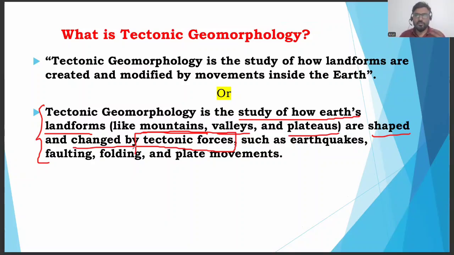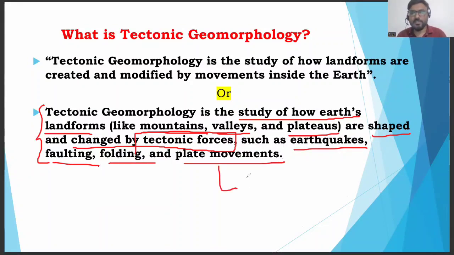So guys, various landforms like mountains, valleys, plateaus, their formation and subsequent modifications are happening because of tectonic forces. What kind of tectonic forces? Tectonic forces such as earthquakes, faulting, folding, and lithospheric plate movements, right?